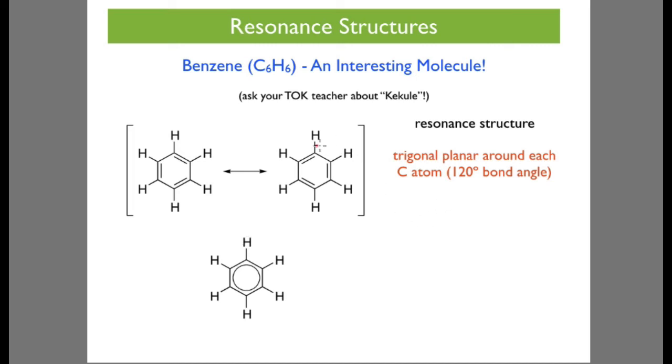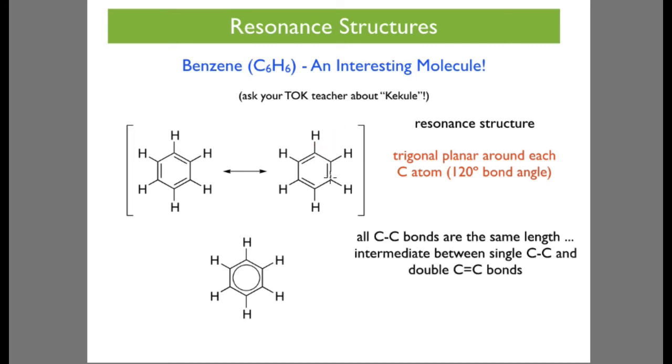So this bond there, 120. All carbon-carbon bond lengths are the same length, intermediate between a carbon-carbon single and a carbon-carbon double bond. The bond order of carbon-carbon bonds is 1.5. It's a flat hexagonal ring of carbon atoms.